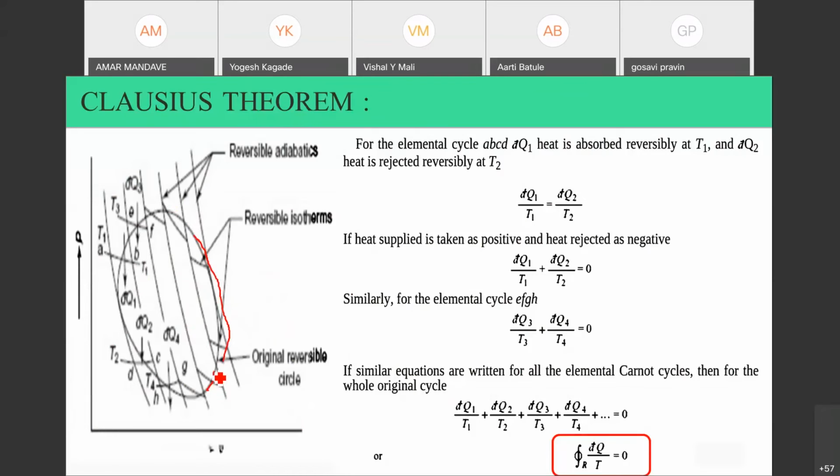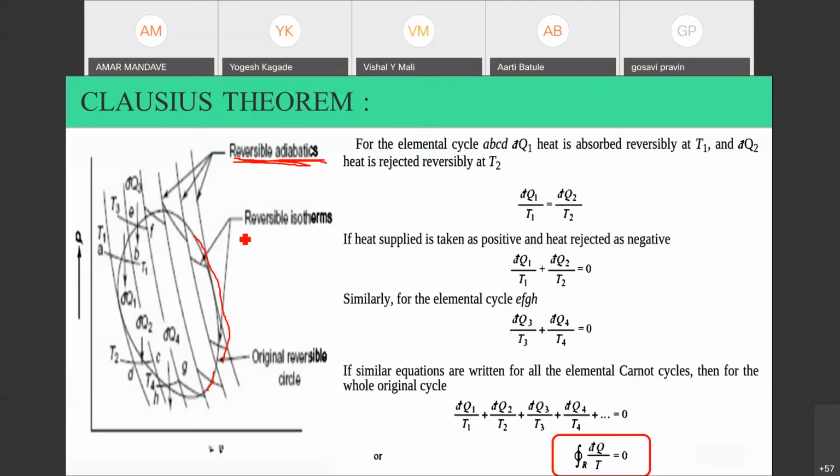Now what we do is draw parallel reversible adiabatic processes, splitting this original thermodynamic cycle into small sections by using reversible adiabatic processes.